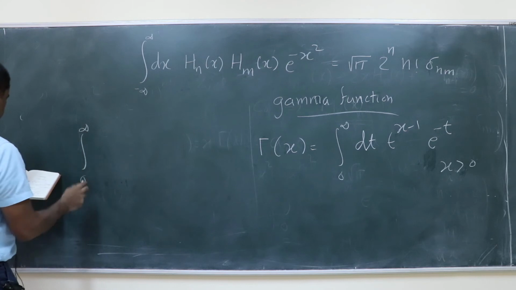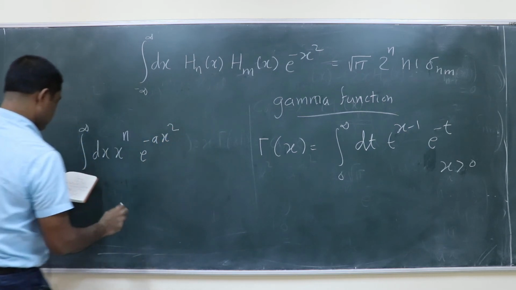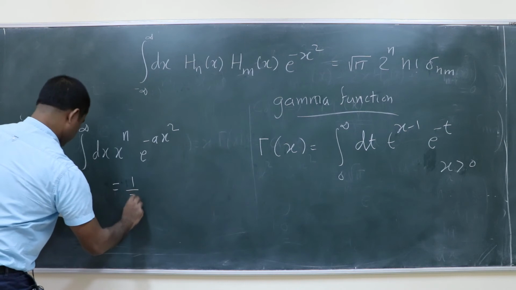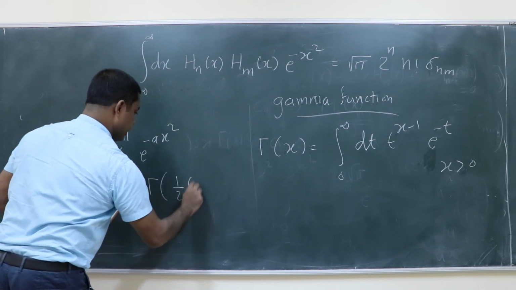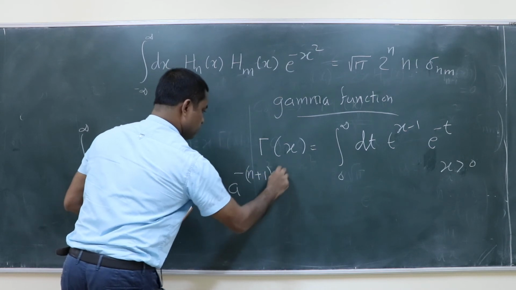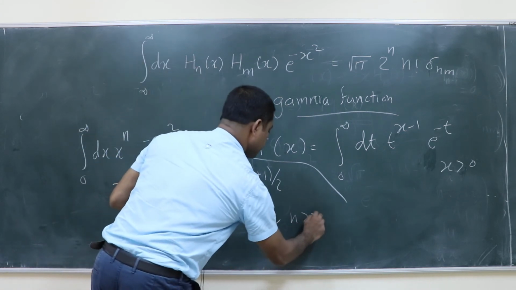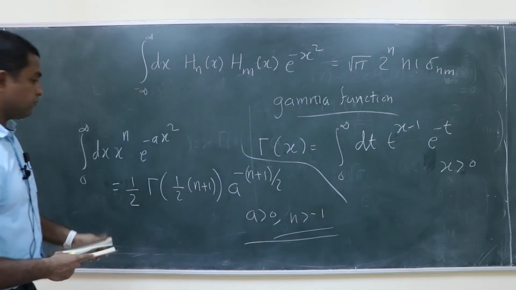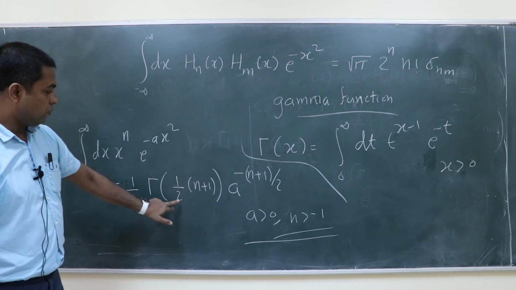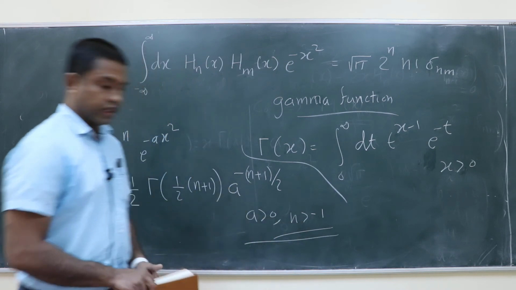The integral from 0 to infinity dx x power n e power minus a x square is equal to 1 by 2 gamma of (n plus 1) by 2, a power minus (n plus 1) by 2, where a is greater than 0 and n is greater than minus 1.